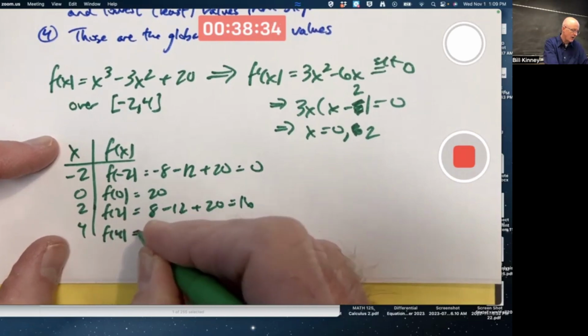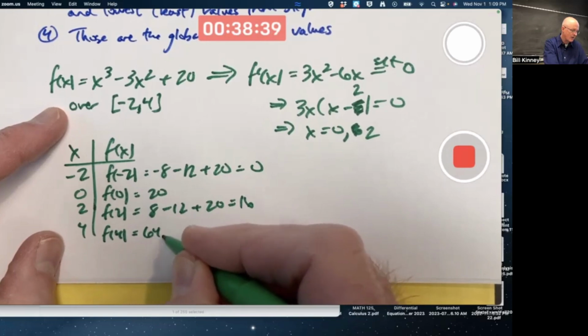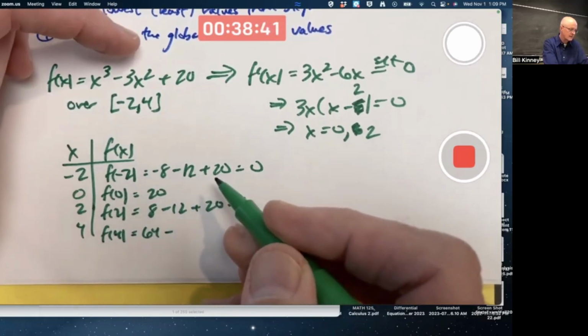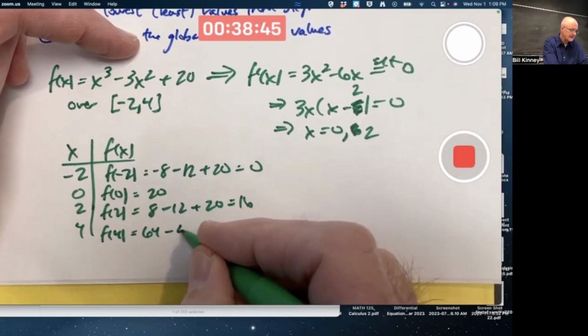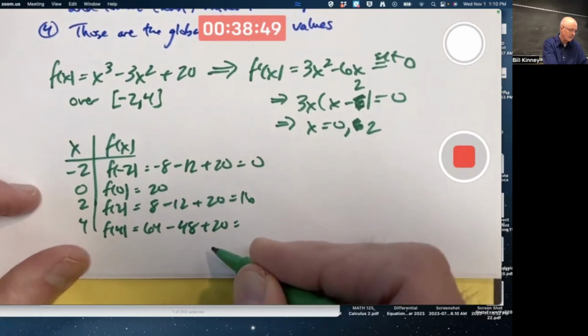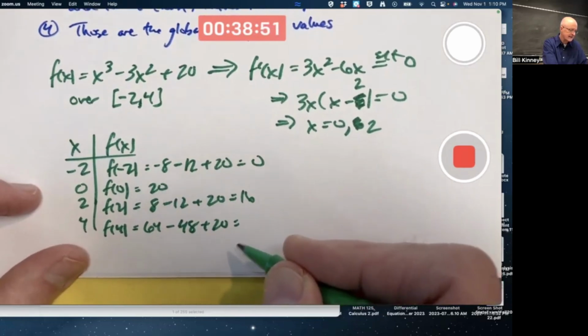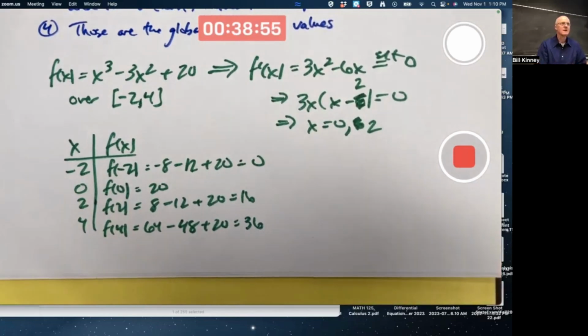What's f of 4? 4 cubed is 64. 4 squared, 16, times 3 is 48. 64 minus 48 is 16, plus 20 is 36. Does that look good to people?